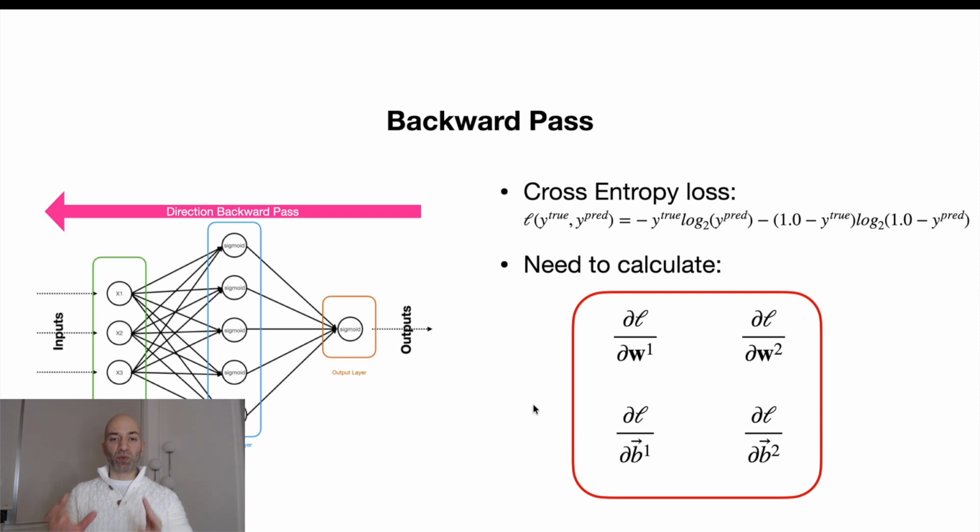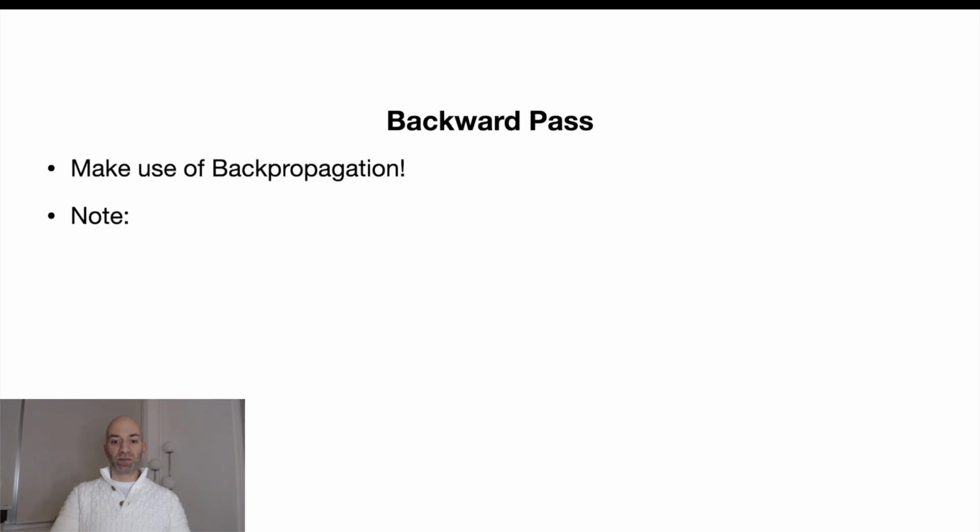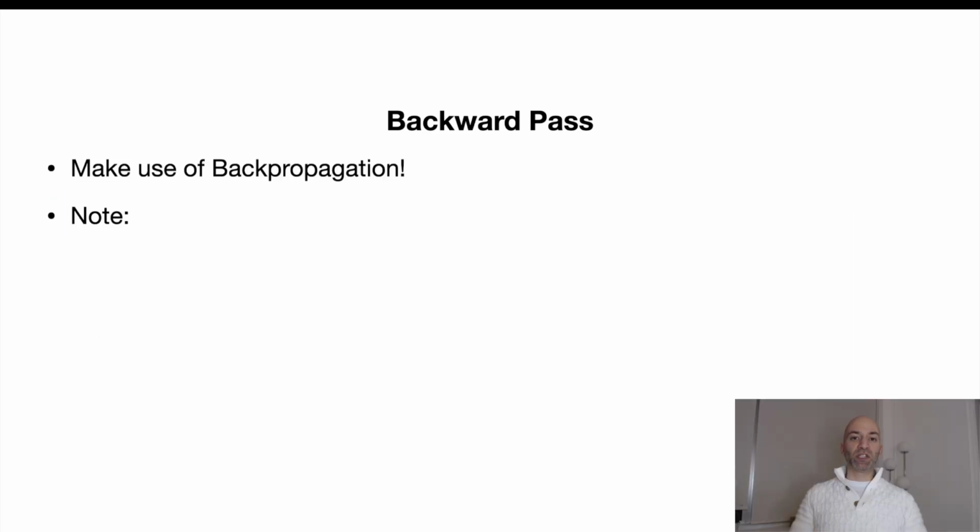So this is what we need to do. And the question that comes to mind right away is, how exactly are we going to do this? Our loss itself is not written in terms of W1, W2, or B1 or B2. So we need to figure out a way to compute these derivatives. And the way we're going to do it is by making use of backpropagation.